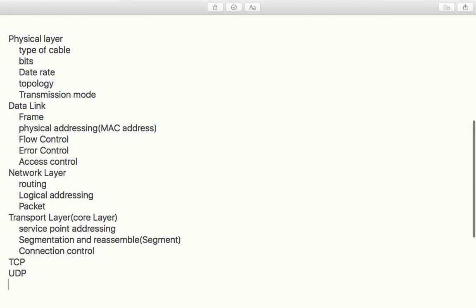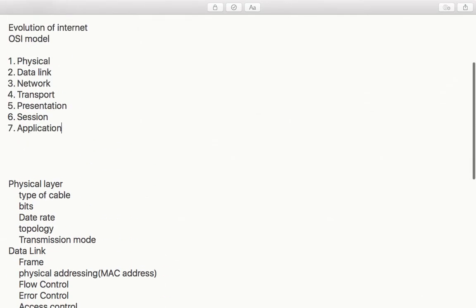Then coming to the session layer, I think I missed the order.